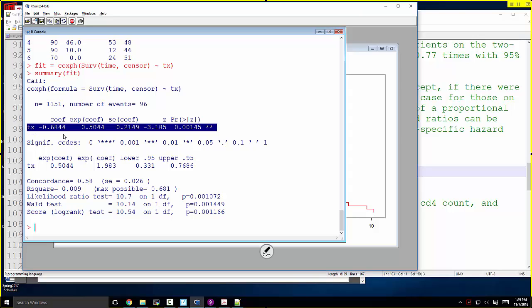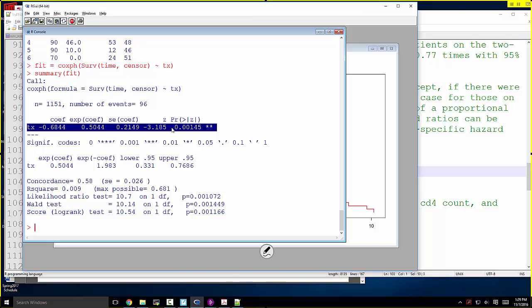So if I exponentiate that, 0.5044, this is the estimated hazard ratio. The treatment group has roughly half the risk of the control group. We also have a standard error and a p-value that we can get using maximum likelihood-based estimates.